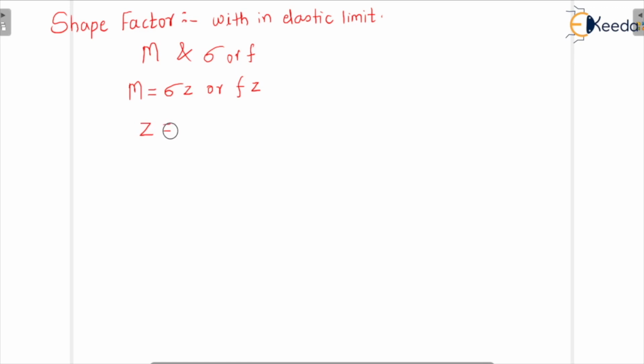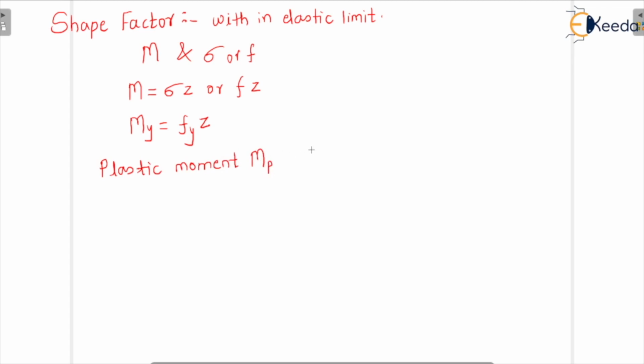Z is given by the relation we have already studied in mechanics of solids. At the yielding point we can write the moment as My equals Fy into Z. The plastic moment capacity of a section is denoted by Mp.